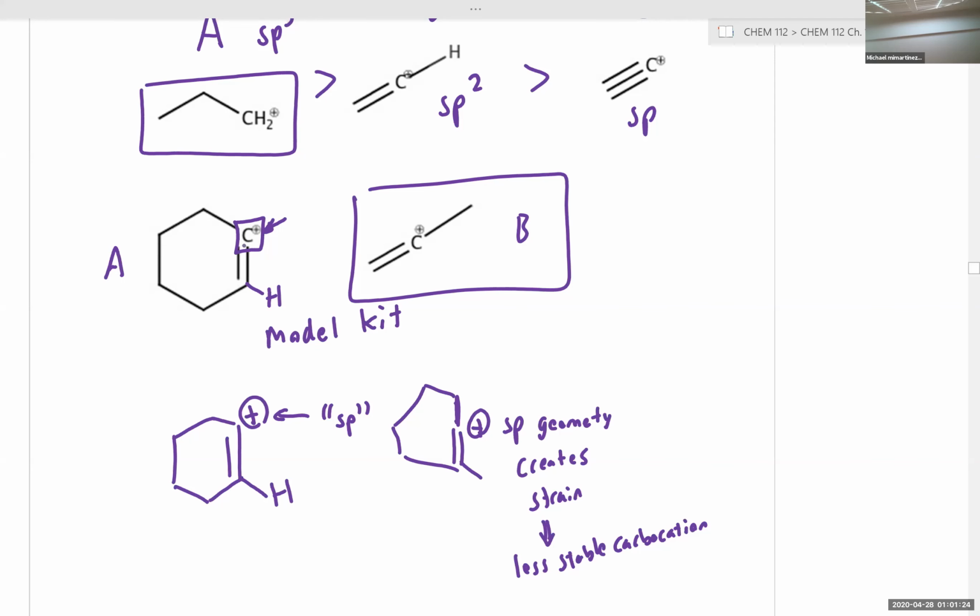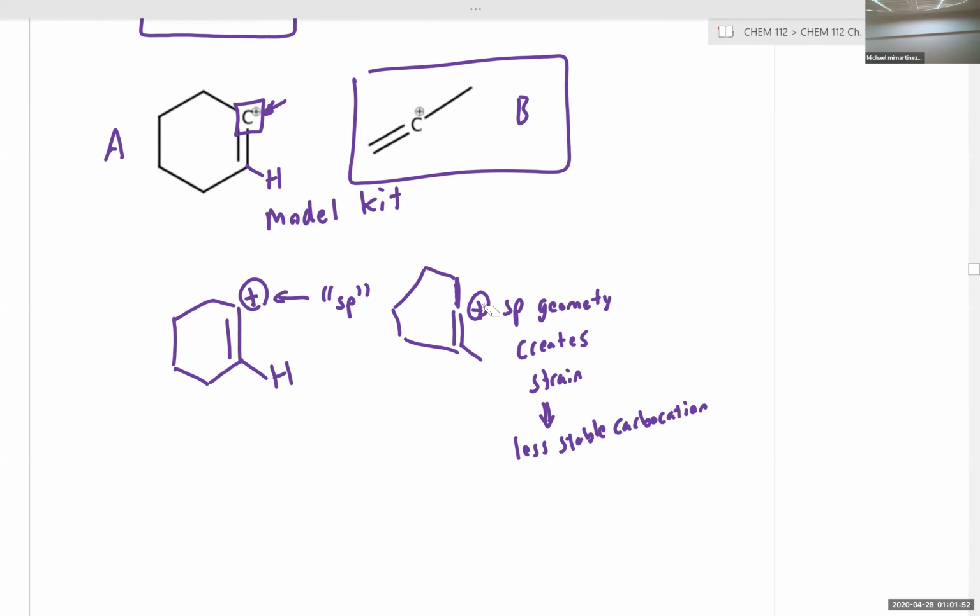So this carbocation is less stable because it's less readily able to participate in hyperconjugation. Does this idea of strain impacting stability make sense? Any questions on this explanation?